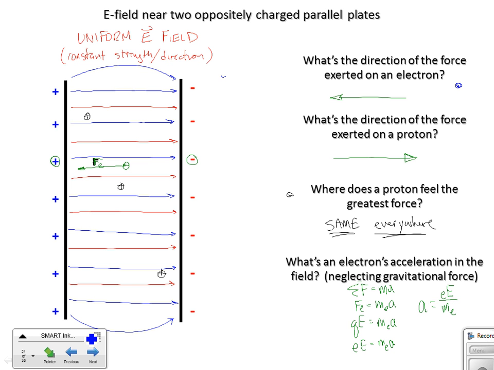Out here, well, the field from the positives still looks like this. If we assume, especially, and what we do is assume this, that the plates are really, really long, that means that the field will stay uniform almost no matter how far away from the plates you get, especially if they're infinitely long. The field from the negative will look like this, pointing toward negative.